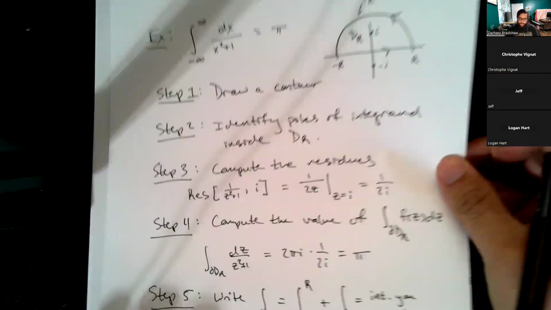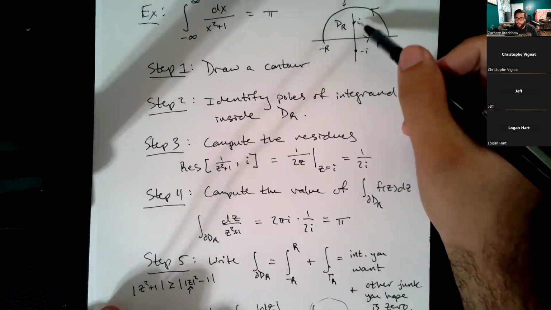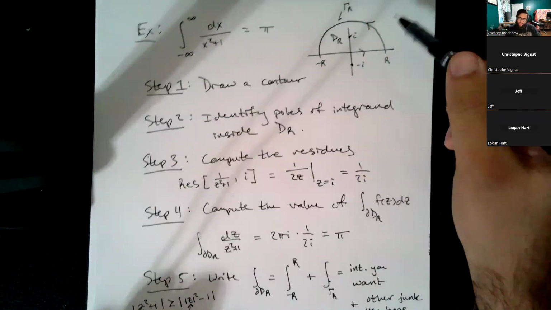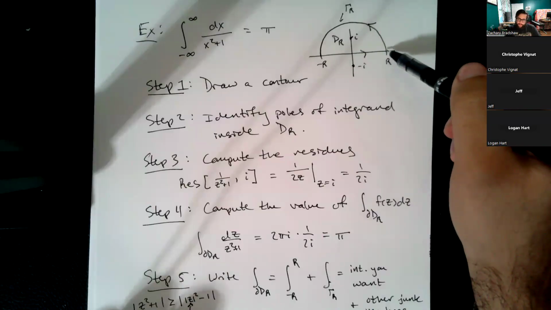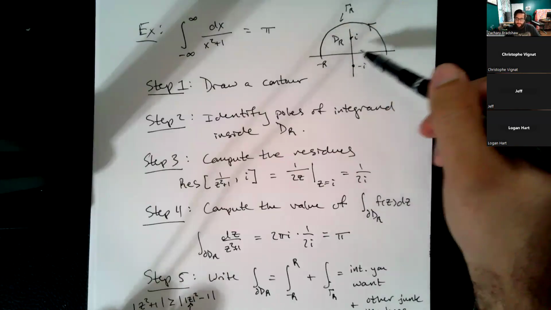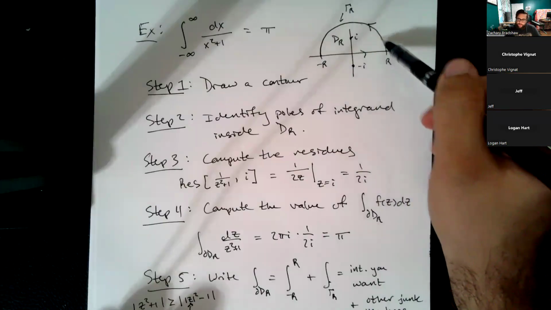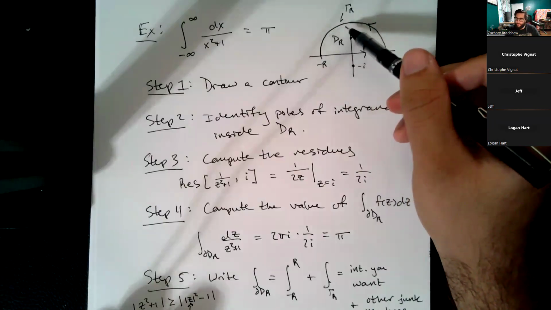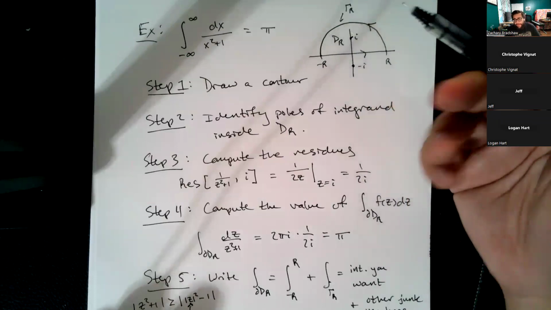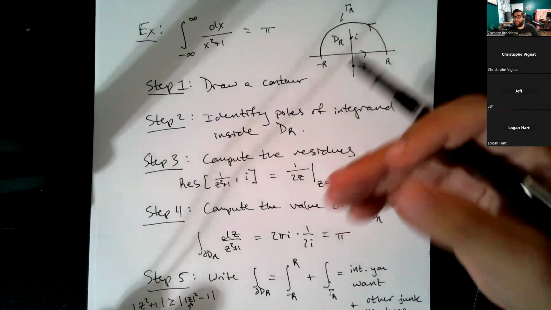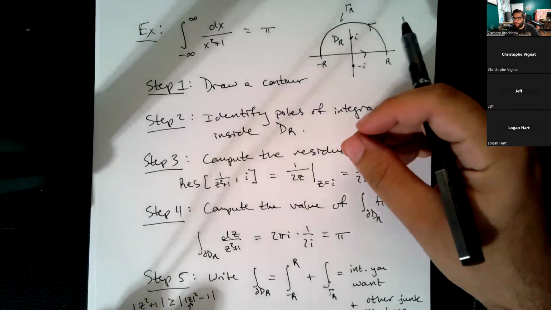You construct a contour that contains some poles, and the way you construct it is so that the pieces that aren't going to give you the integral you want, those terms go to 0. Or, I mean, they don't have to go to 0. They could be something that's easily computable if you wanted.